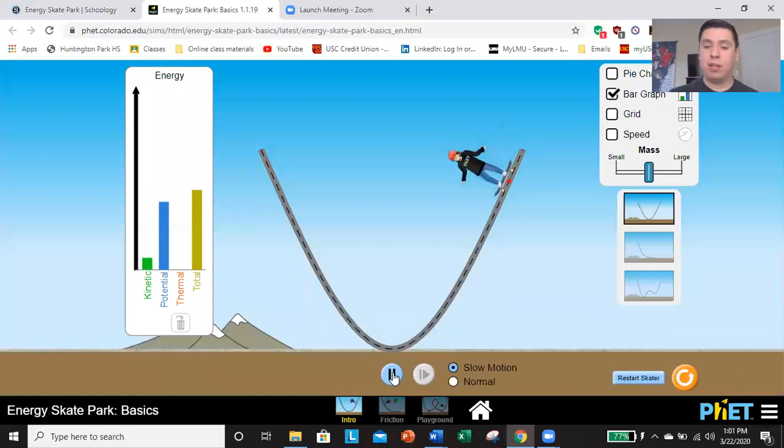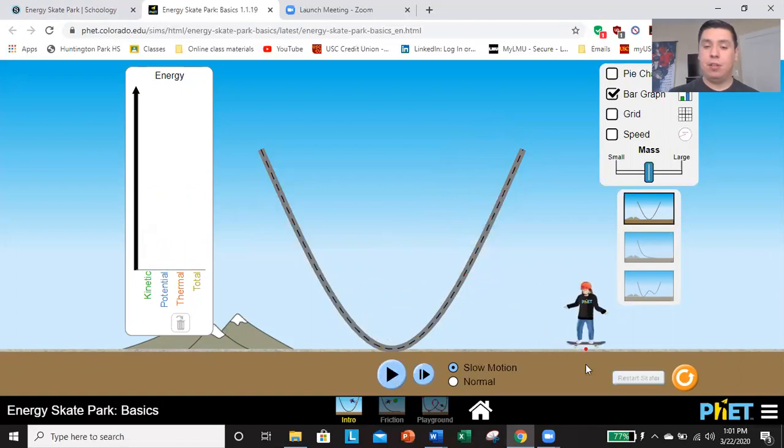Then you press play. A good thing to start is to press pause beforehand and then place it, so it won't move yet. This is for number 1. So make sure you have Intro and slow motion with the bar graph, and the skateboard is on top. The final case is when the skateboard is on the bottom after you press play.